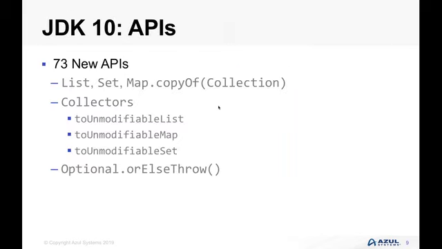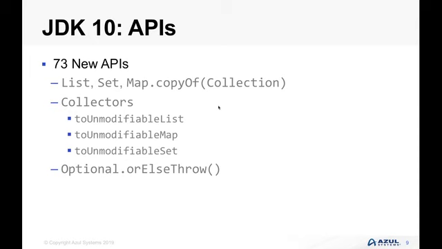In terms of JDK 10, there were 73 new APIs that were added. A lot of those are quite esoteric, so I'm not going to go through all of them, but I picked out a few which are interesting for general development work. And what you find is that several of these APIs are targeted around unmodifiable collections.